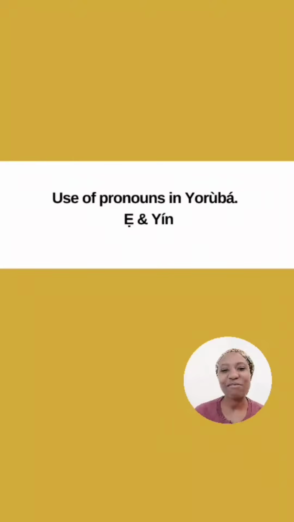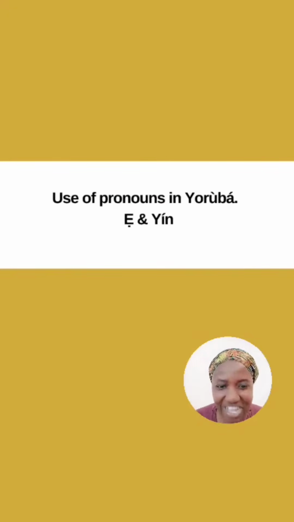As you can see on my screen, we're going to be talking about two specific pronouns. One is e and the other is yín. Some people laughed when you said Oshe to your grandmother, but some people were like, what are you doing?